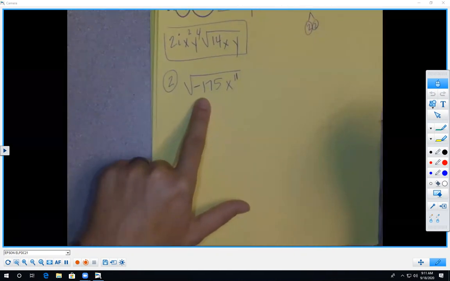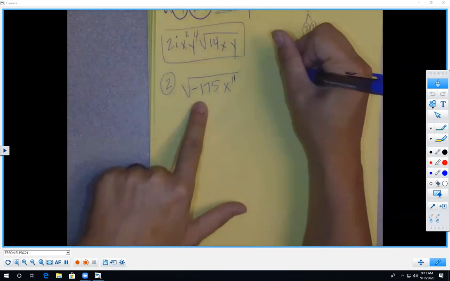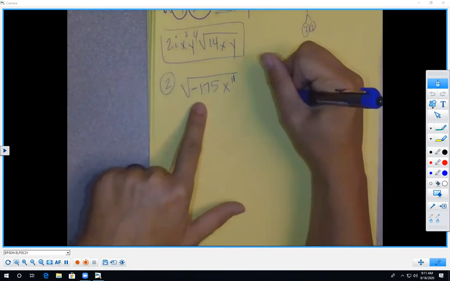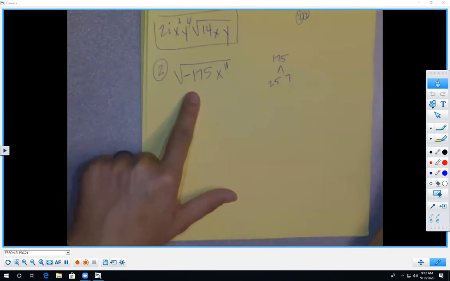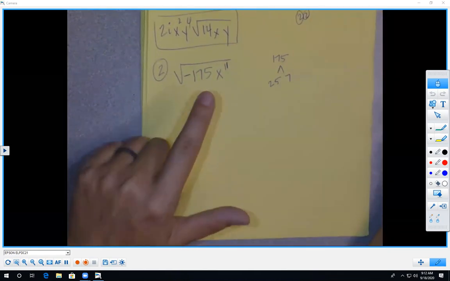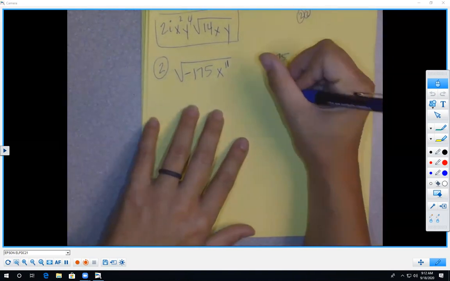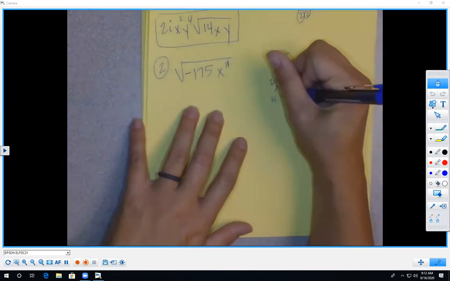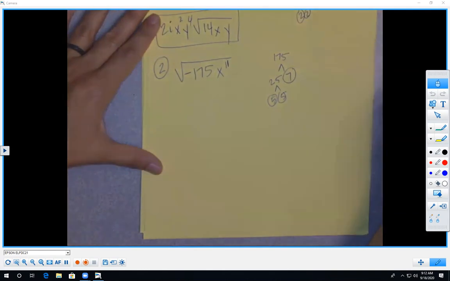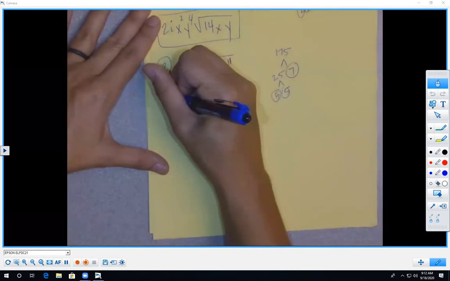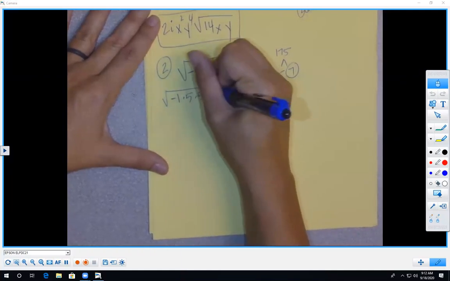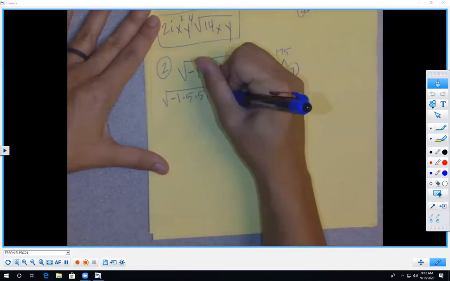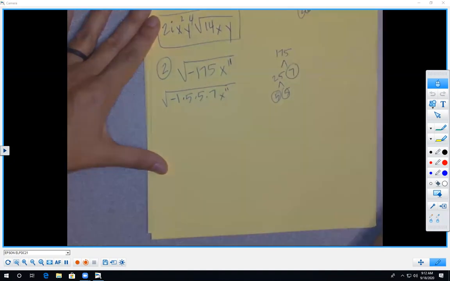So if I want to break that down, 175 is 25 times 7, or you could do 5 times 35, however you got there, right? 7's prime, but 25 is 5 times 5. So I'm going to rewrite this as the square root of -1 times 5 times 5 times 7, and then x to the 11th power.